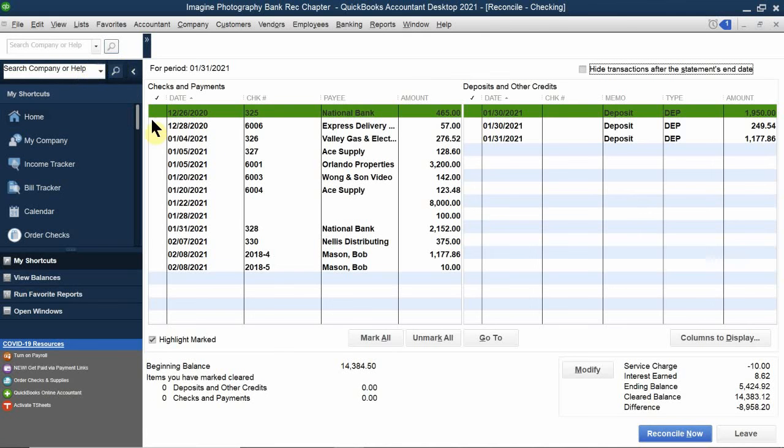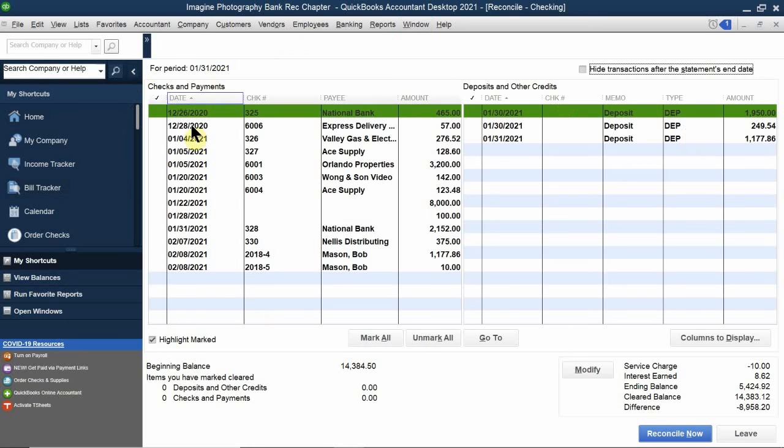That's exactly what I'm going to do. I'm going to go onto my reconciliation window, go into my deposit section, and select those deposits that have cleared. You'll notice there's a lot of other things that happen within the month of January.